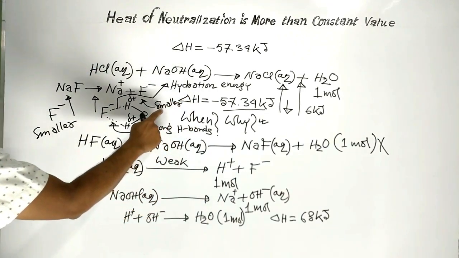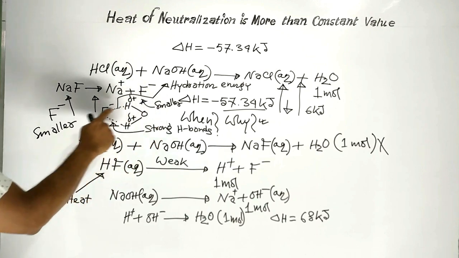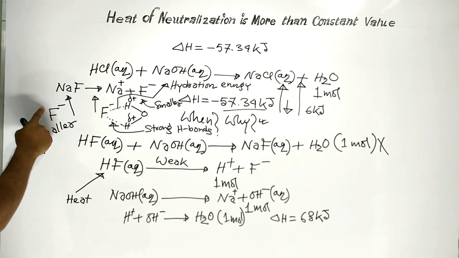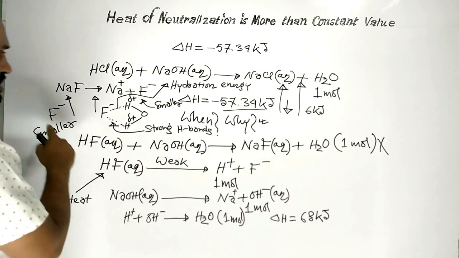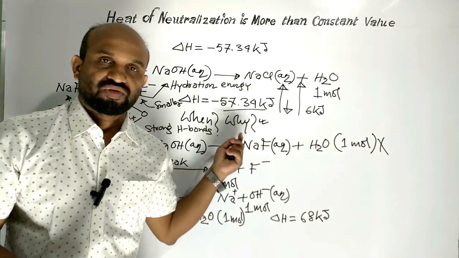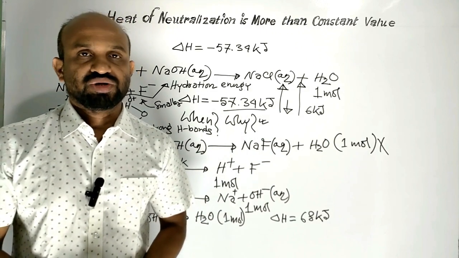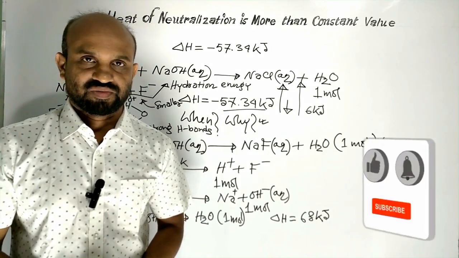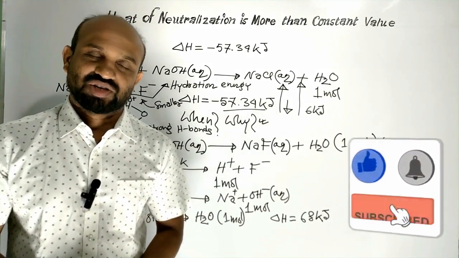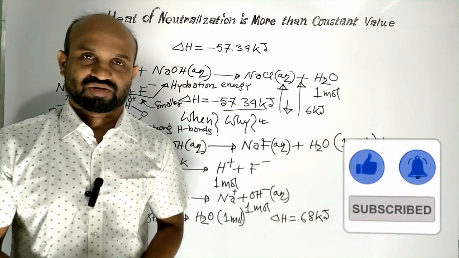So one is smaller in size. Number two, fluoride ion carries a higher electron density. That is why heat of neutralization increases up to 68 kilojoule, which is more than the constant value. This is all about why heat of neutralization is more than the constant value.